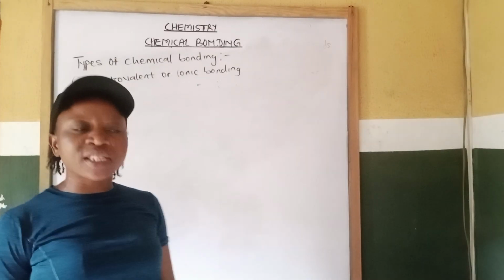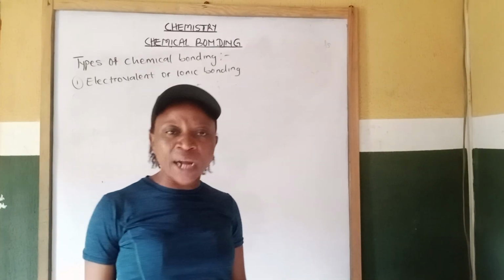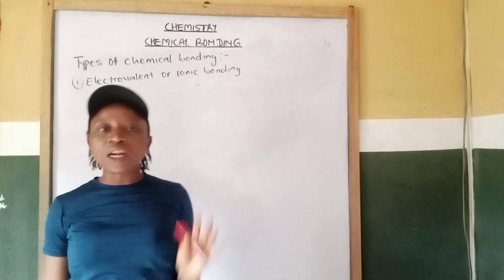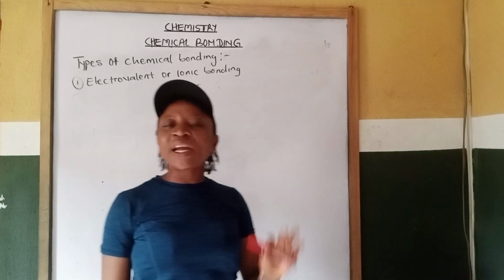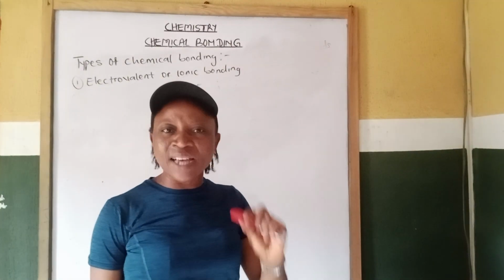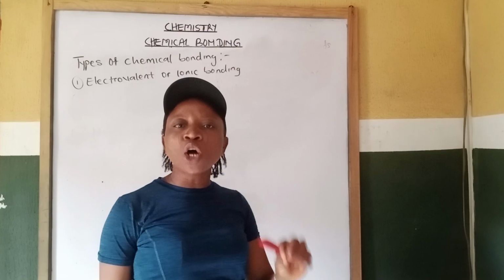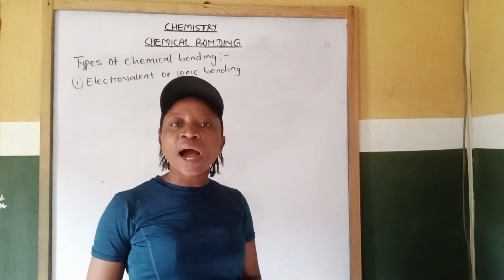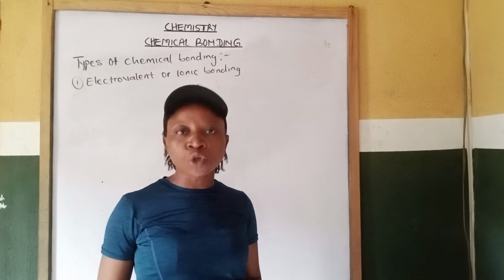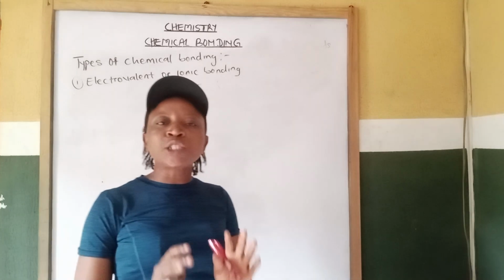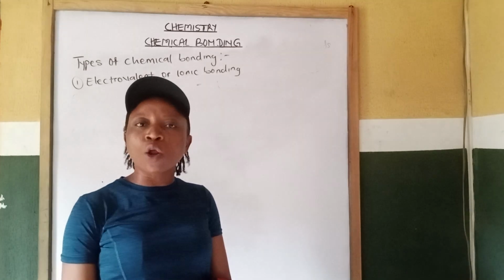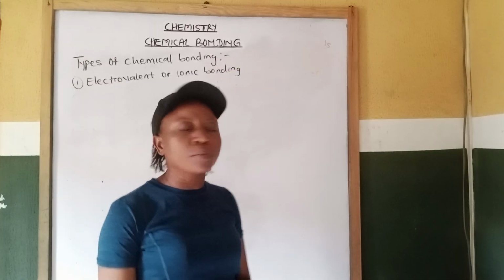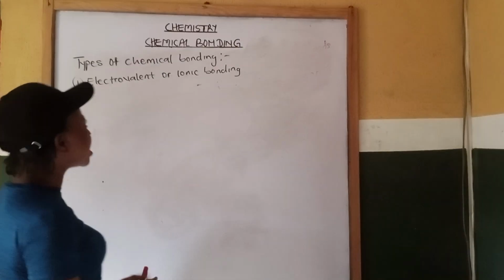Then how will you recognize an electrovalent compound? An electrovalent compound consists of metallic atoms and non-metallic atoms.